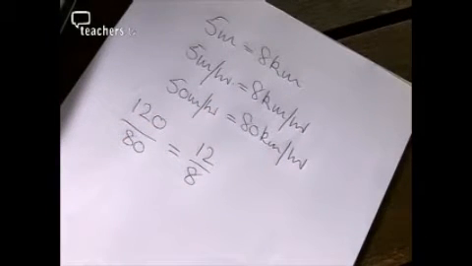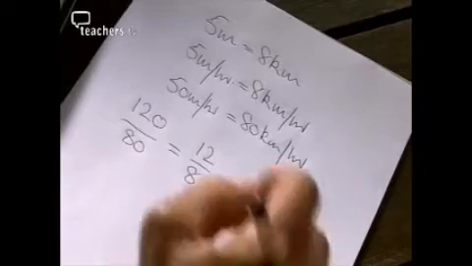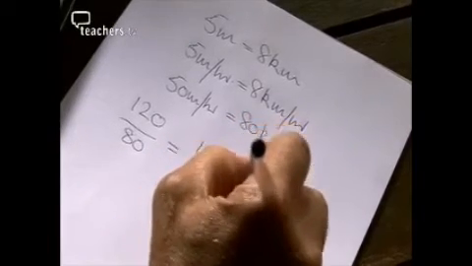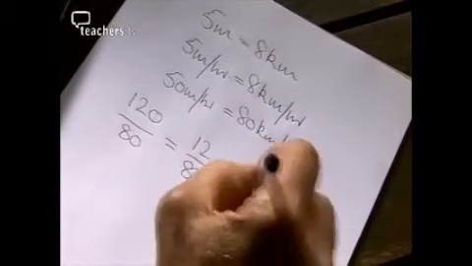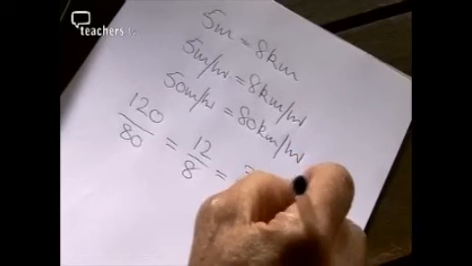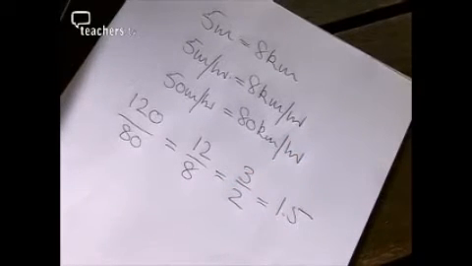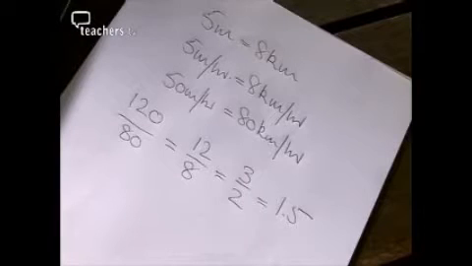That's dividing the top and bottom by 10. And then, looking for a common factor, 4 goes into 12 3 times, 4 goes into 8 twice. So we have 3 over 2, and that equals 1.5. So it takes 1.5 hours to get from Brussels to Ostend.